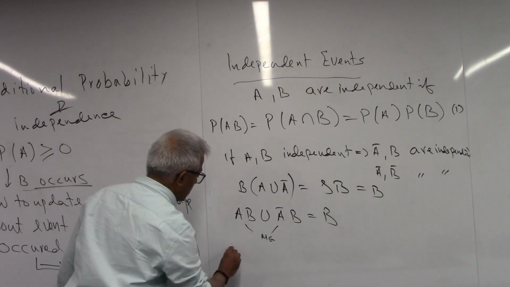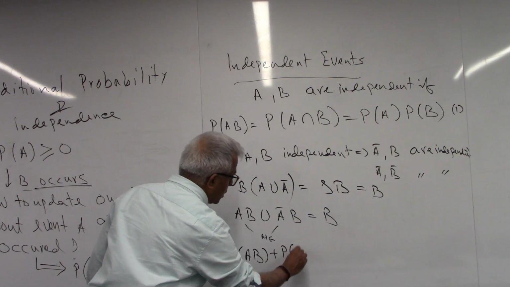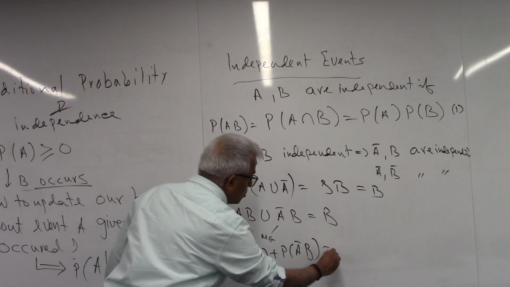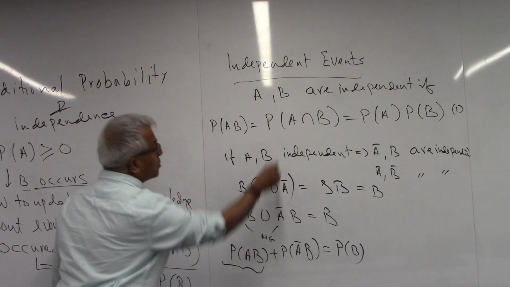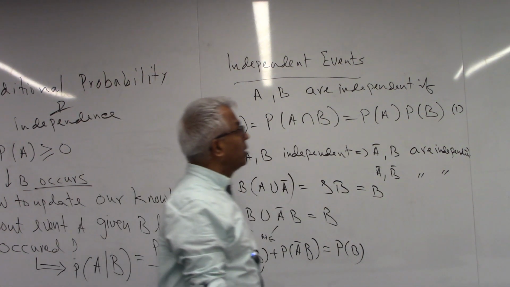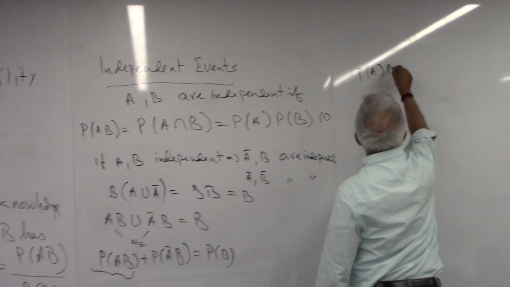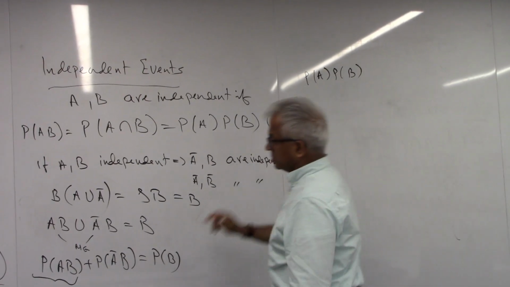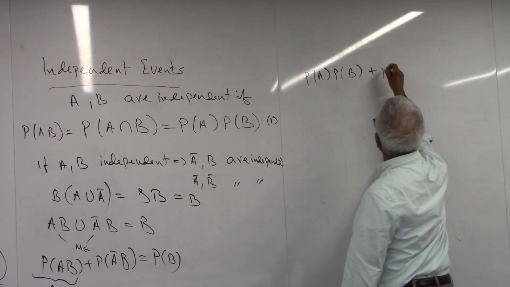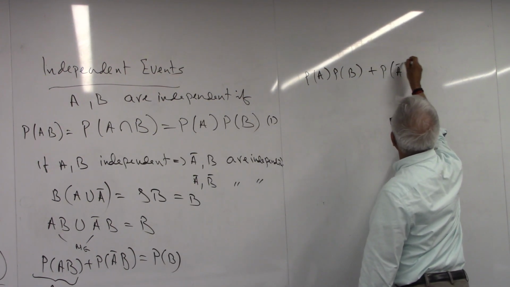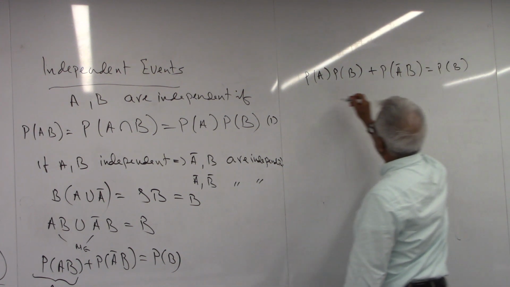So using axiom number 3, this is P(A∩B) plus P(A bar ∩ B) equal to P(B). We had this before, but now this is where we can use the given information. P(A∩B) is P(A) multiplied by P(B). Here I just substituted. So plus P(A bar ∩ B) equal to P(B). So I solve for P(A bar ∩ B).